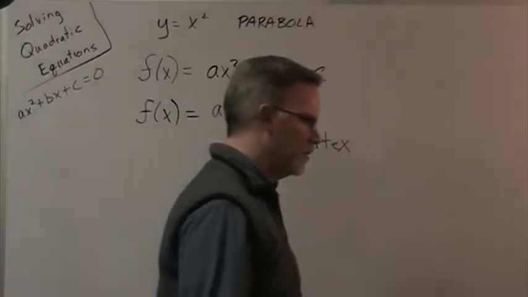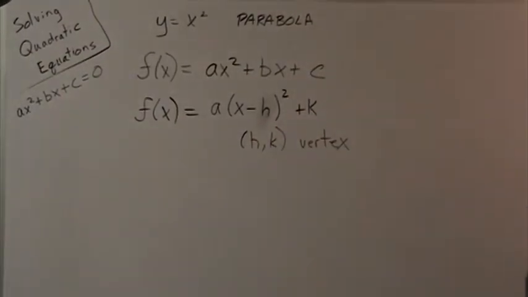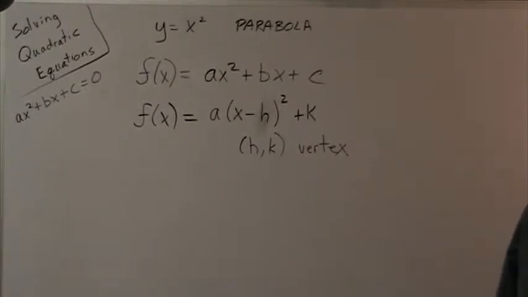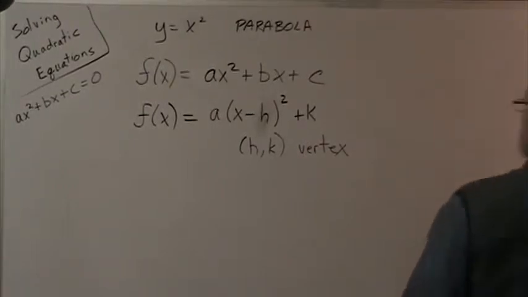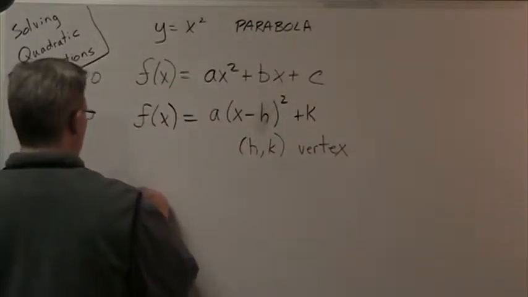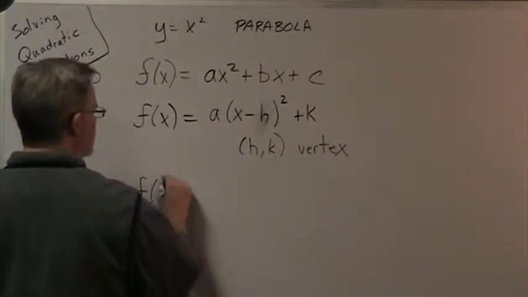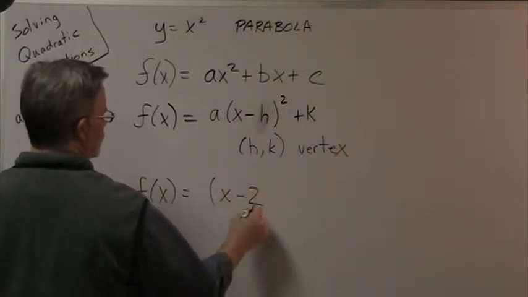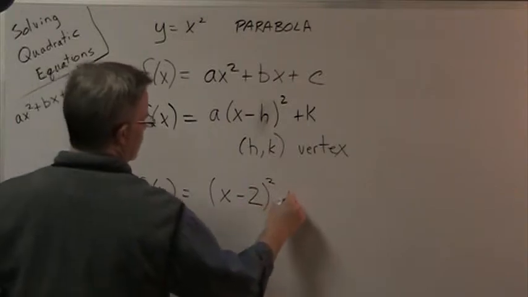So in this particular case, you would be given a problem and be asked to determine the vertex. So let's say that f of x is equal to x minus 2 squared plus 3.